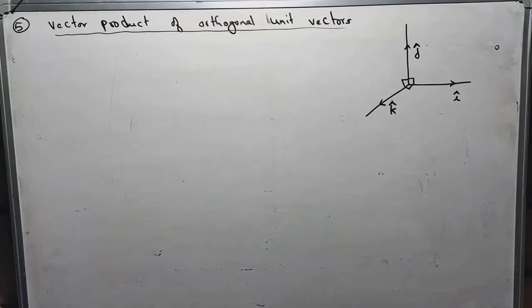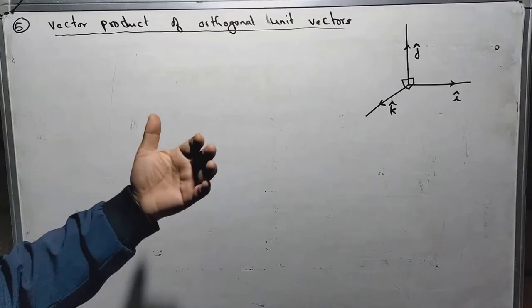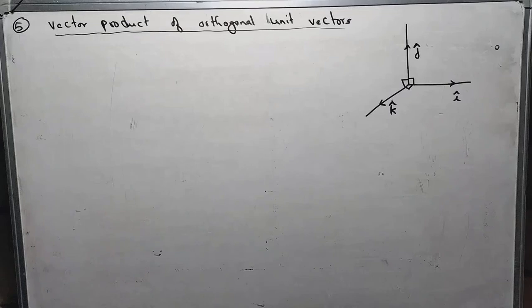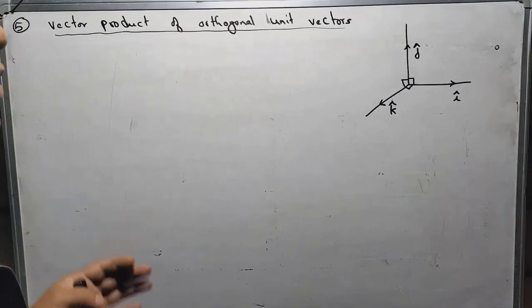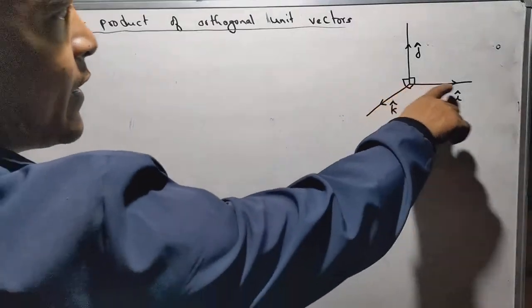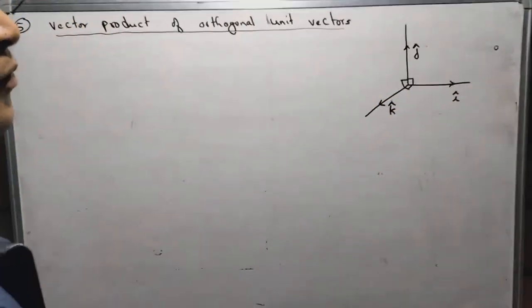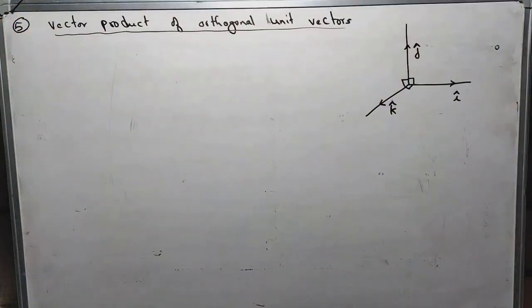Property number 5 is about the vector product of orthogonal unit vectors. We have learned before, there are 3 unit vectors, i cap, j cap and k cap. These 3 unit vectors are pointing along the x-axis, y-axis and z-axis, and so they are mutually or orthogonally perpendicular to each other.